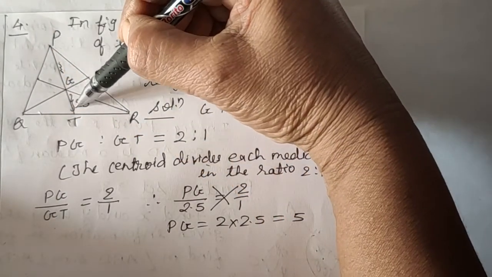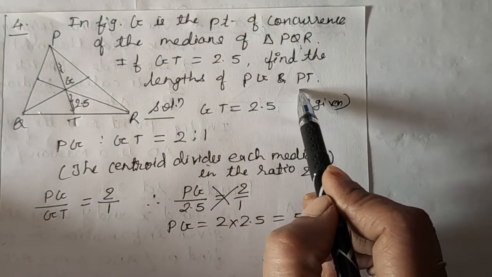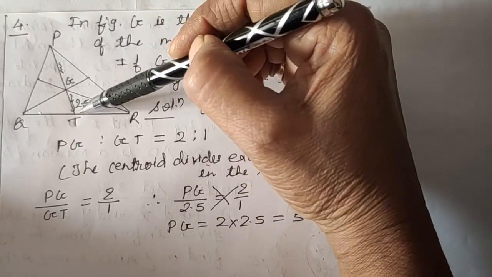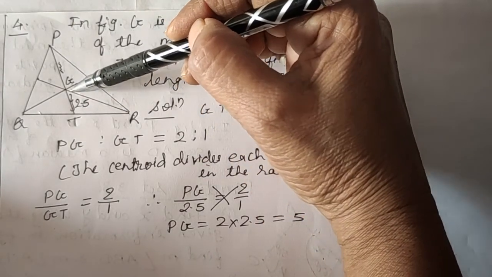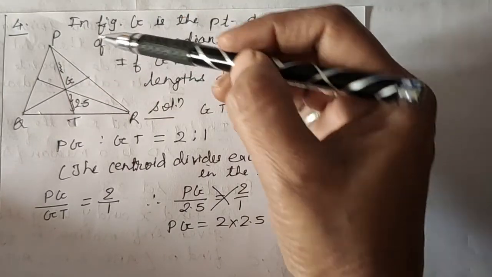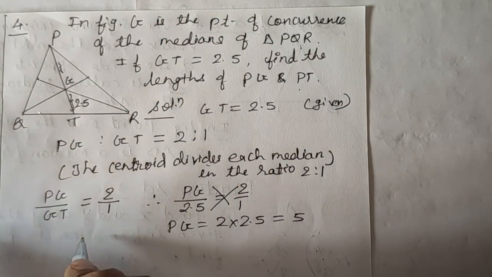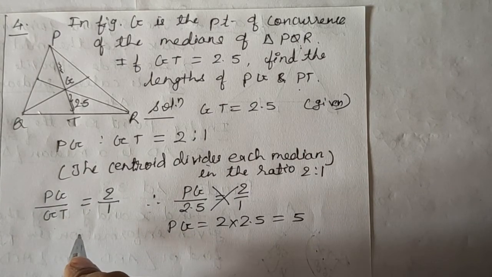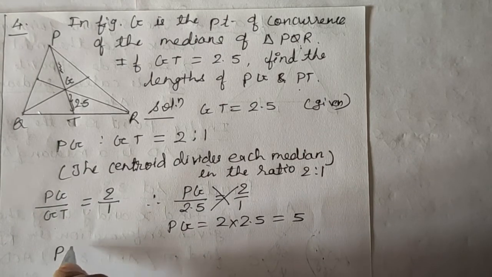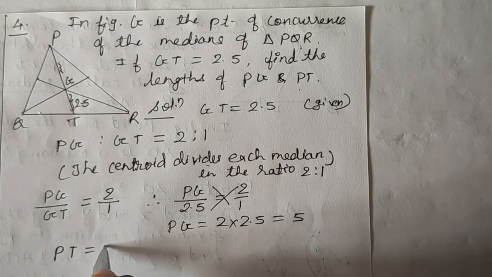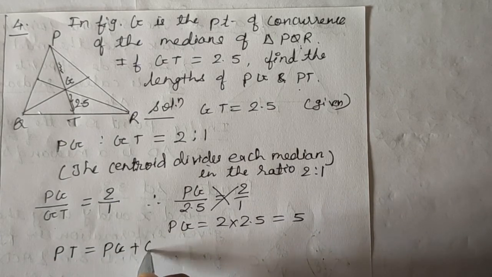Now you want PT also. So PT is equal to PG plus GT. As P, G, T are collinear points, we write here that PT is equal to PG plus GT.